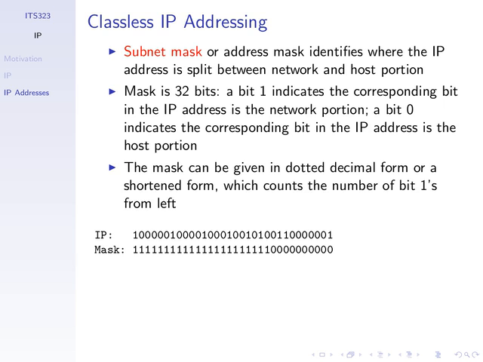All hosts on the same subnet have the same network portion of the address. All hosts on the same subnet have a unique host portion of the address. All subnets in an internet have a unique network portion.